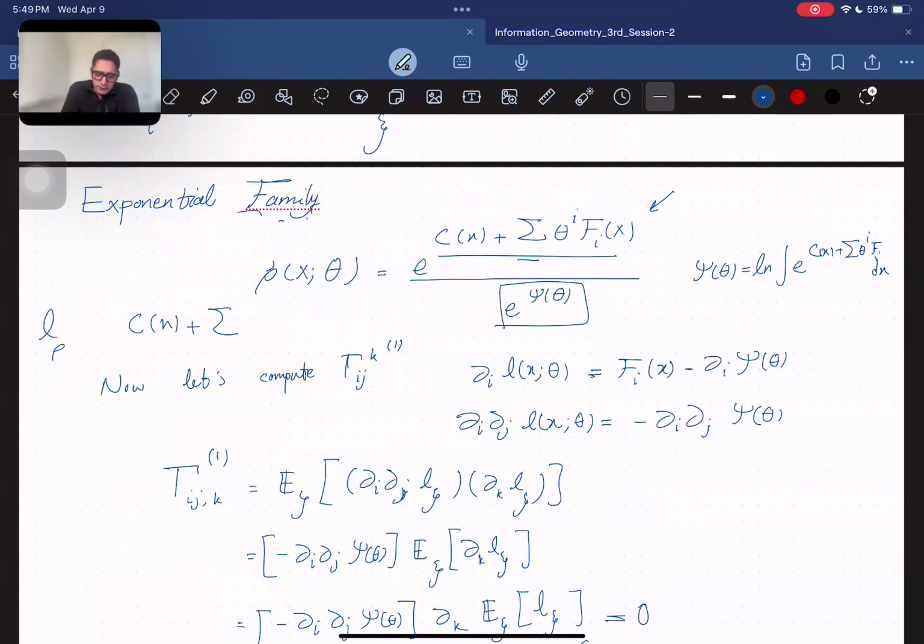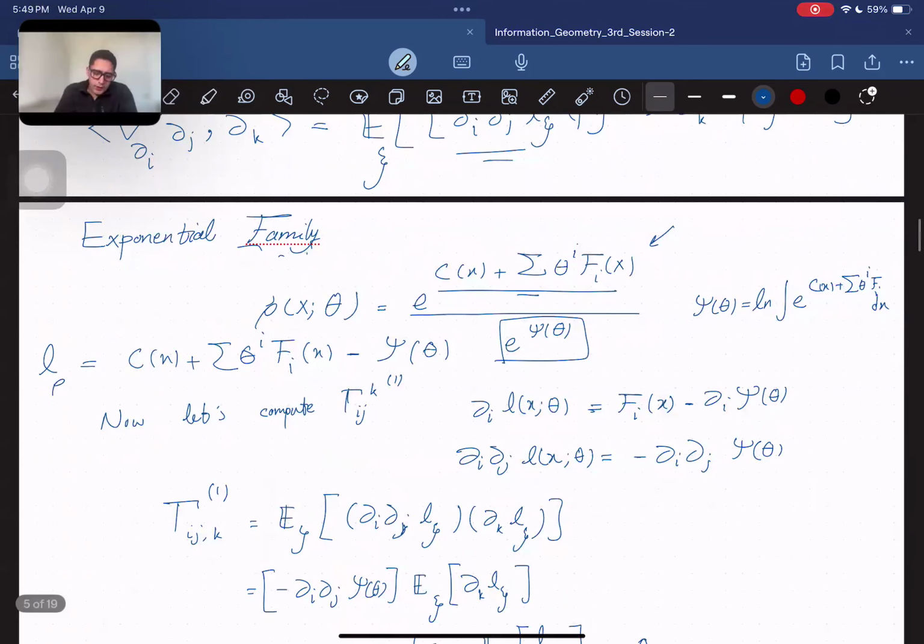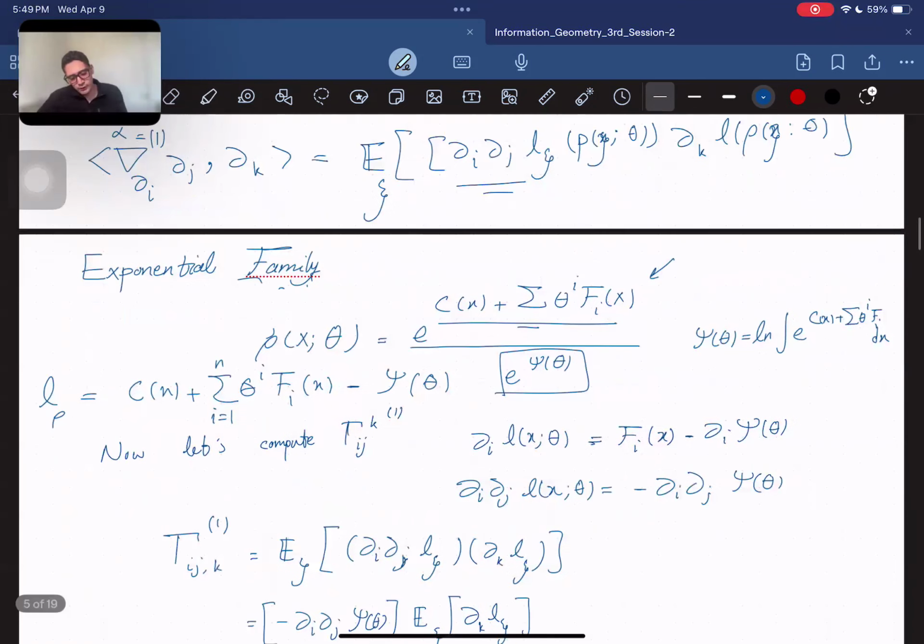log of p. And then I need to take derivative, of course, minus this. Then, if you remember the definition I had, I first take the derivative with respect to theta i, and then I would take the derivative of the log of likelihood with respect to j, and then I would multiply it with taking derivative with respect to k.